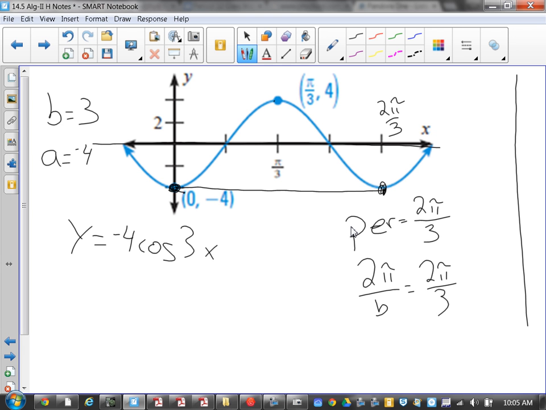Because sine says zero. Oh, I see what you're saying. You're saying it doesn't fully reach the point when it crosses over. That's what cosine does.